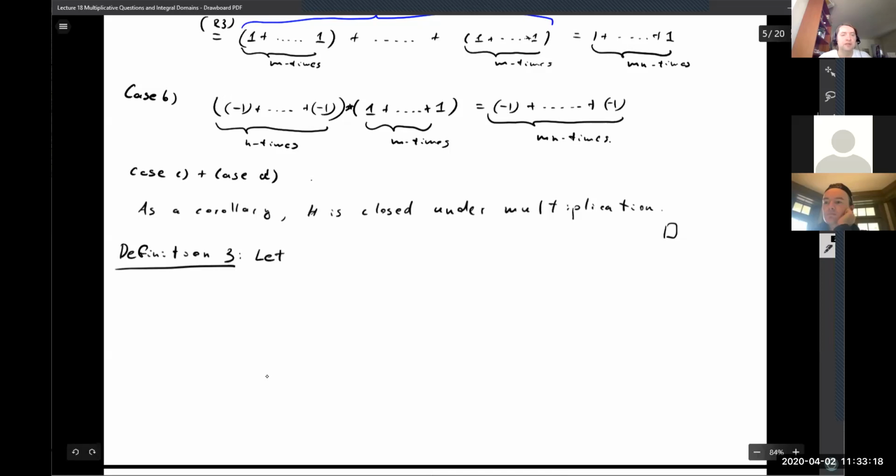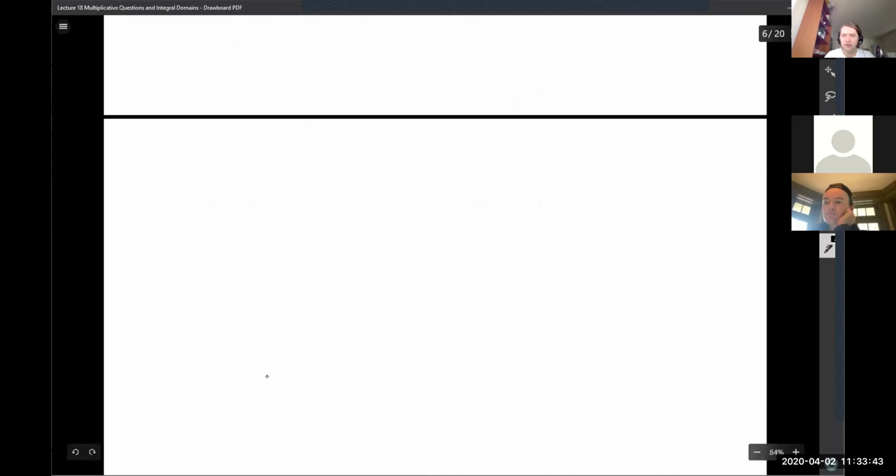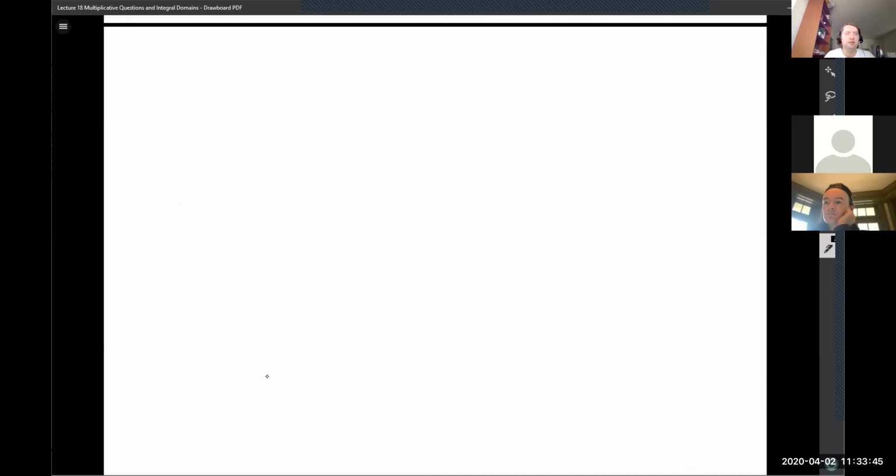Let me move to the next slide, so I won't have to squeeze it here. In the meantime, do you have any questions about this part with the subring generated by 1?